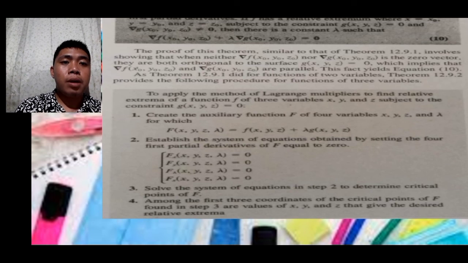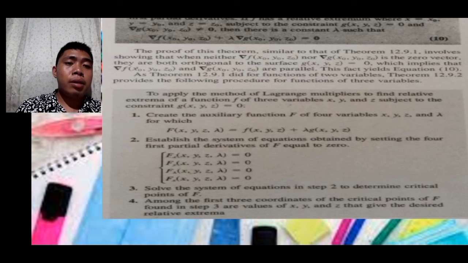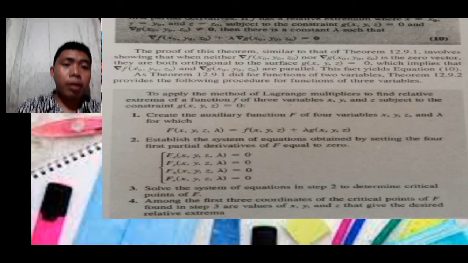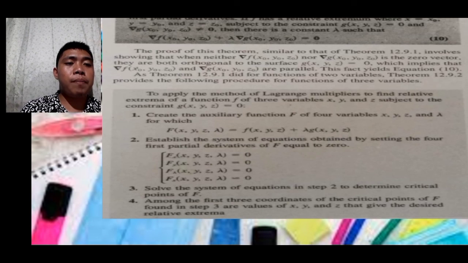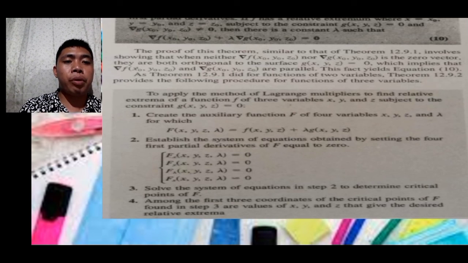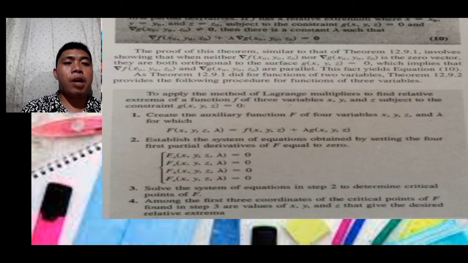F sub lambda of (x, y, z, lambda) is equal to 0. And third, solve the system of equations in step 2 to determine critical points of F. Among the first three coordinates of the critical points of F found in step 3 are values of x, y, and z that give the desired relative extrema.